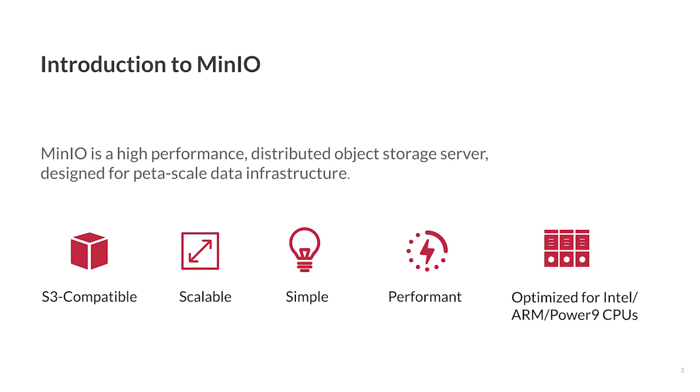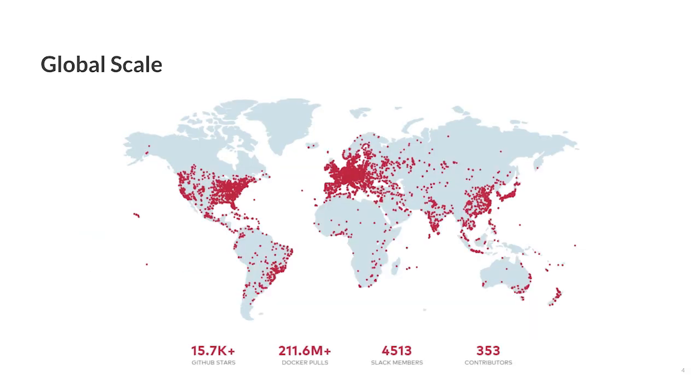Some of the key algorithms in MinIO, for instance, erasure coding and hashing for bit rot detection, are accelerated using low-level assembly instructions, and not just for the Intel platform, but also for ARM and, recently, Power 9 CPUs as well. If you look at the global uptake that we've had, you can see it here.